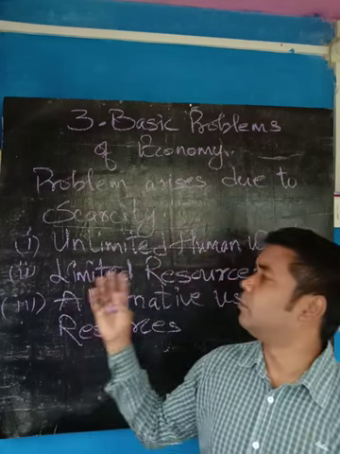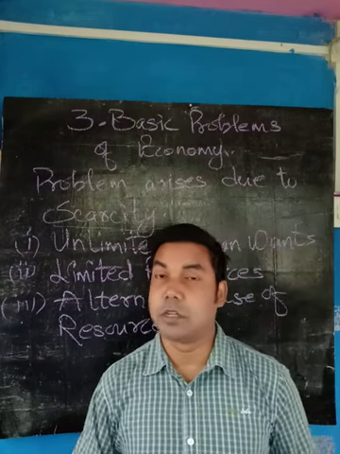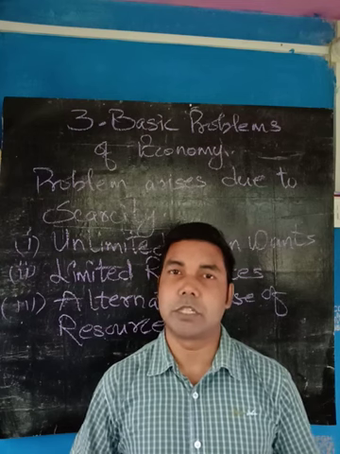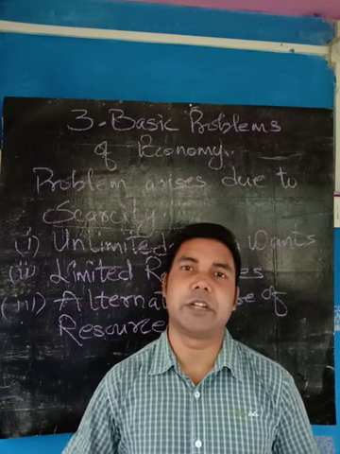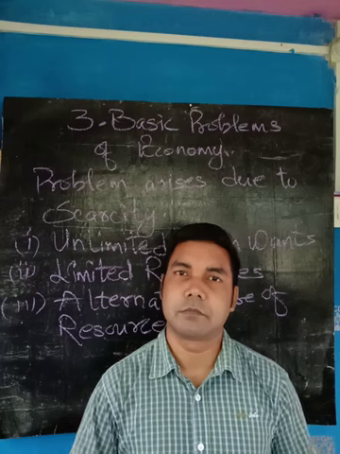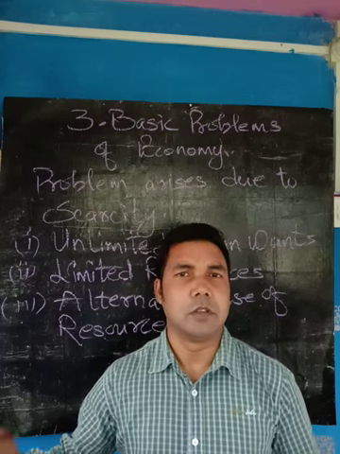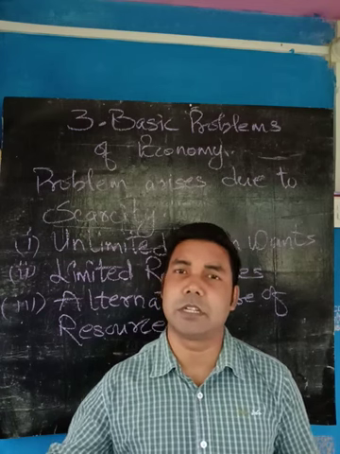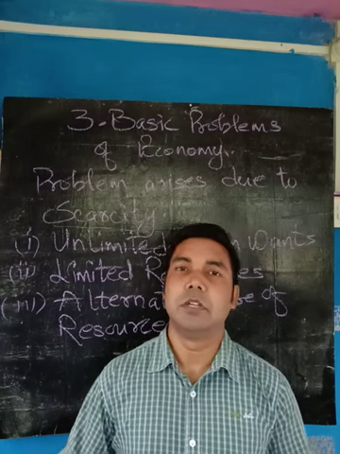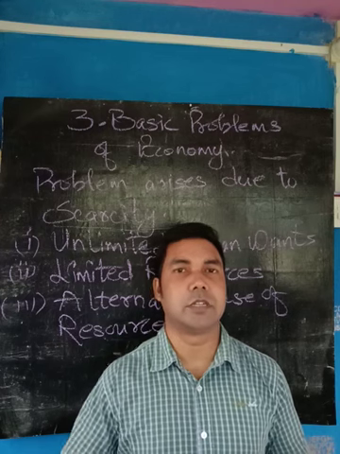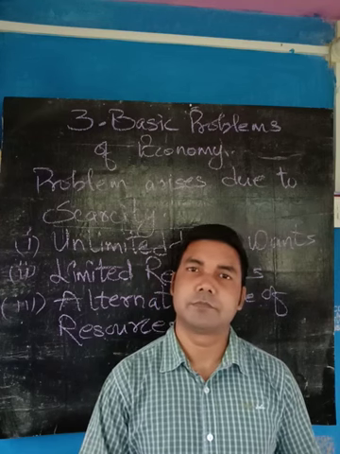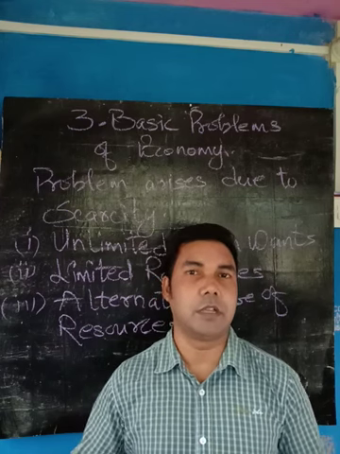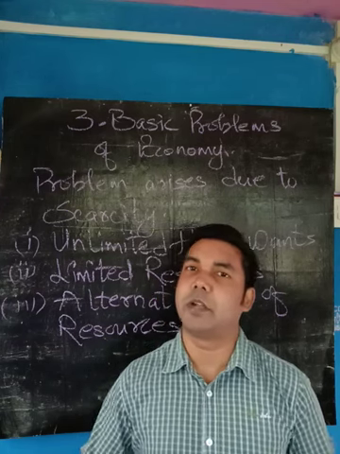Because of unlimited human wants, what is happening? We don't have much resources. The resources are decreasing day by day, because as the wants are increasing, the population is also increasing. Wants are increasing day by day, population is increasing day by day, and the demand of the people is increasing.